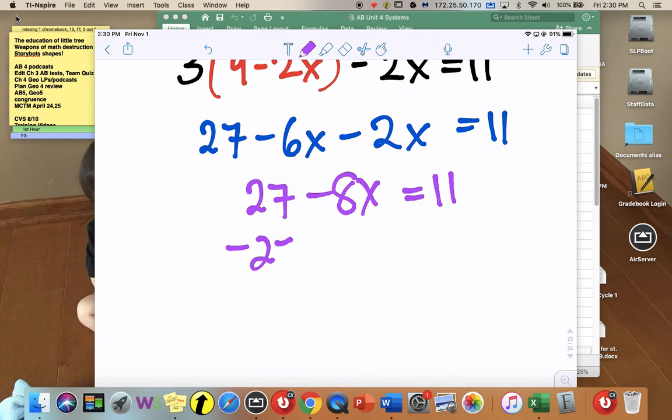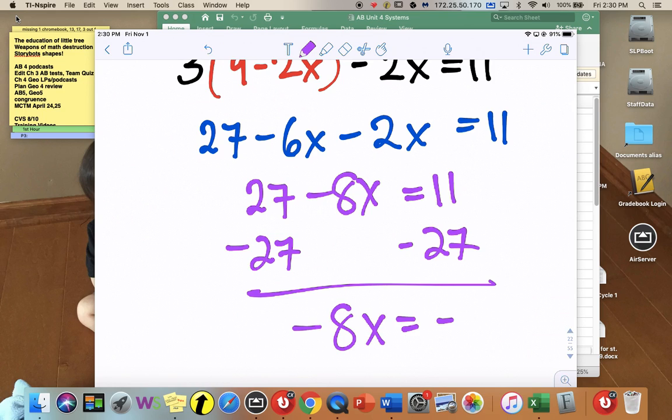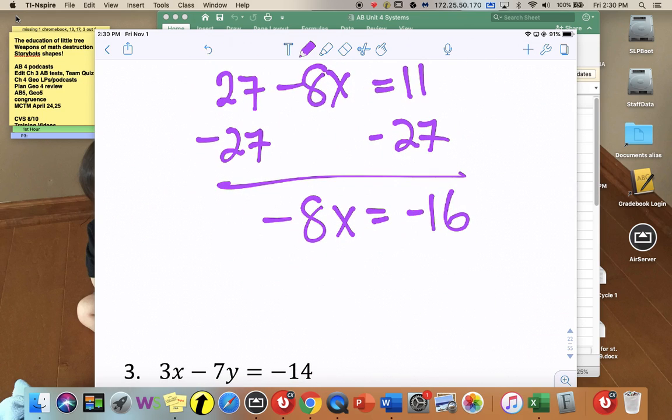And subtract 27 from each side. Okay, so we get negative 8x equals negative 16. Divide each side by negative 8. So we get x equals 2.